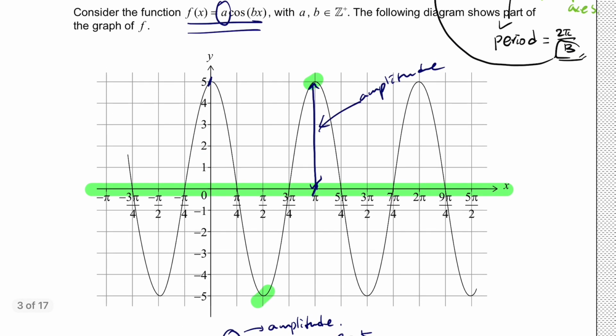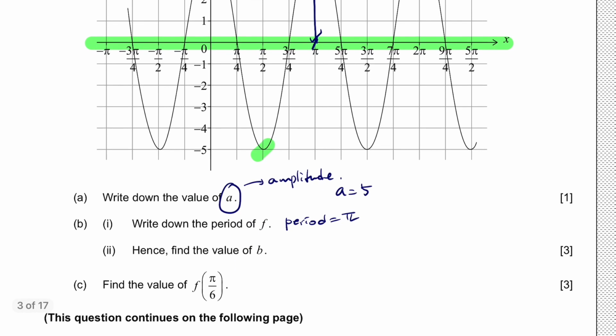So b refers to this value here in your equation, the number that we use to calculate the period. We know that period can be calculated using the equation 2 pi over b, and we know that the value is pi. That means b is equal to 2 pi over pi. So the b value is 2.